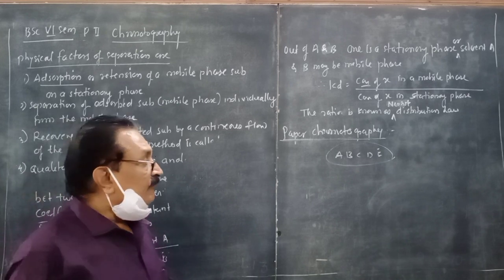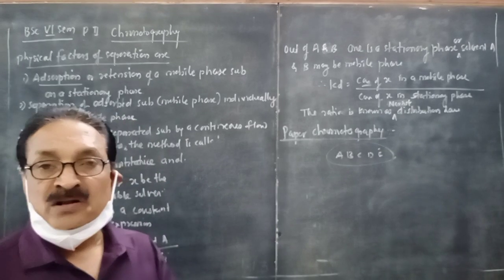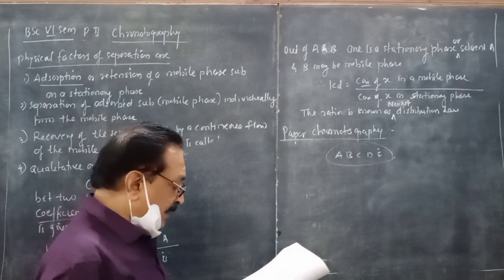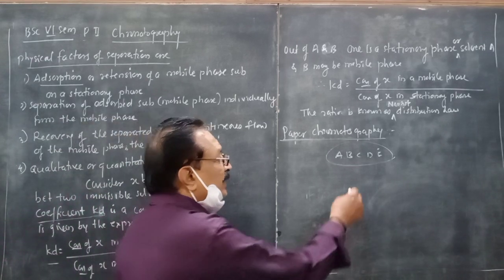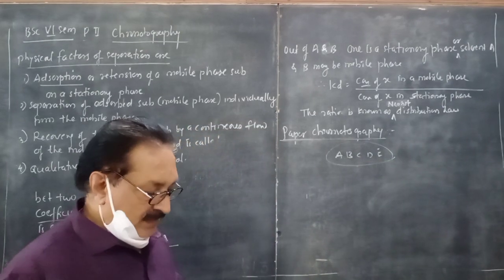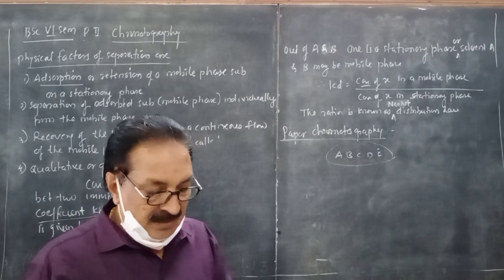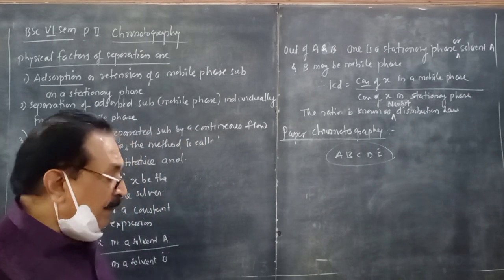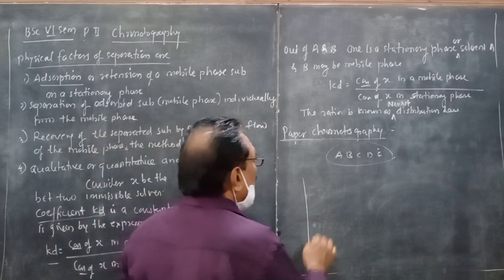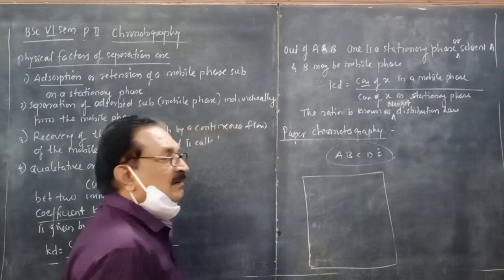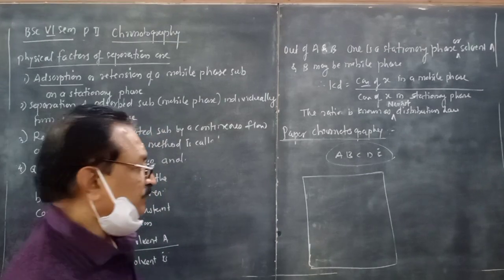When they are allowed to pass over the stationary phase, depending upon their rates of migration, A, B, C, D, E are separated from one another and appear as spots on the specially designed filter paper.